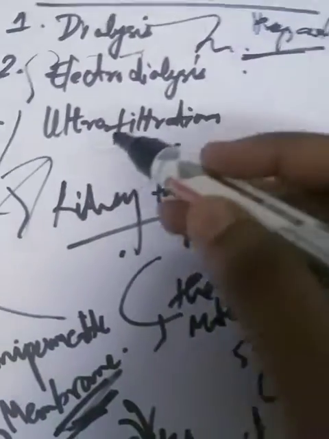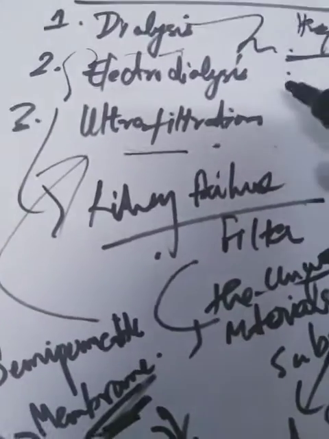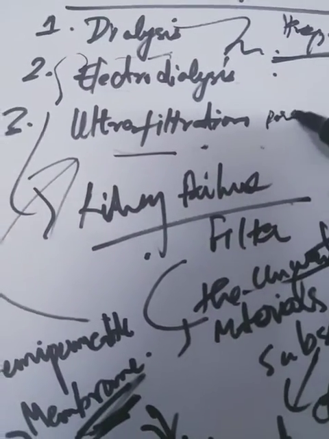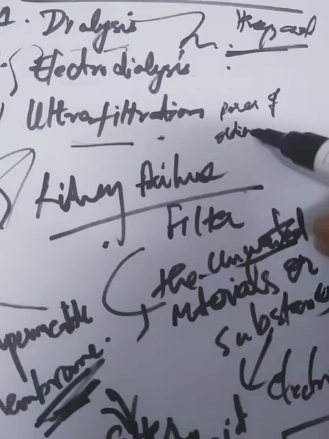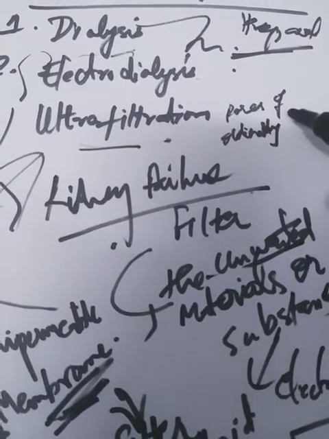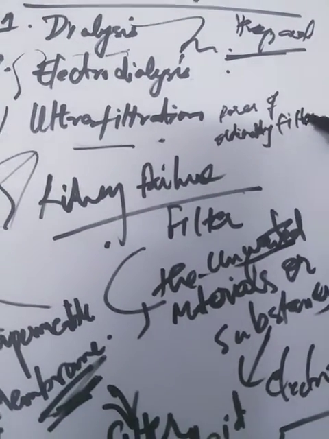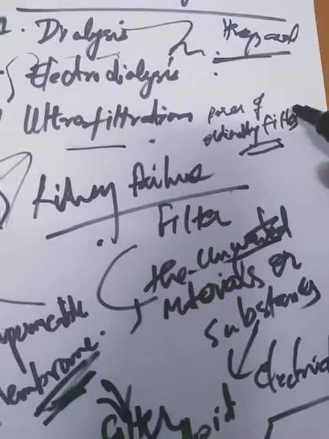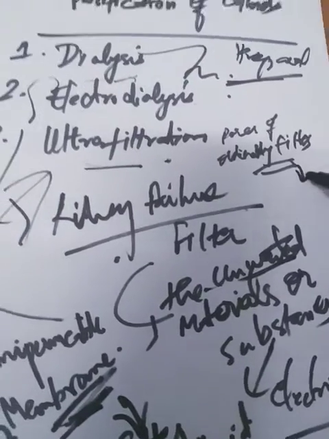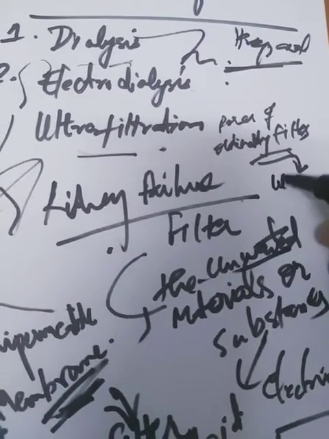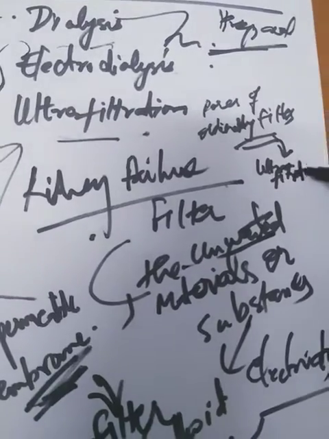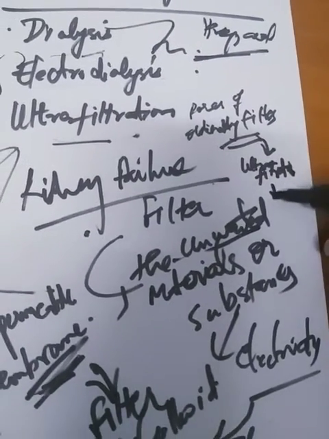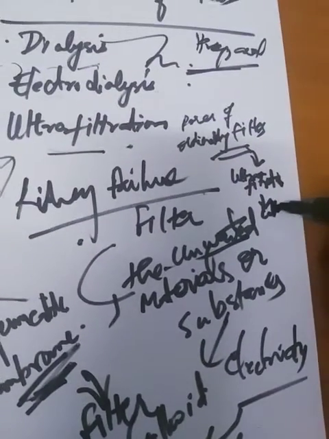The third one is ultrafiltration. Ultrafiltration deals with the pores of ordinary filters. If we use ordinary filter paper, the pores are too large, so the pores are reduced with the ultrafiltration method. This membrane is made of collagen or cellophane paper.